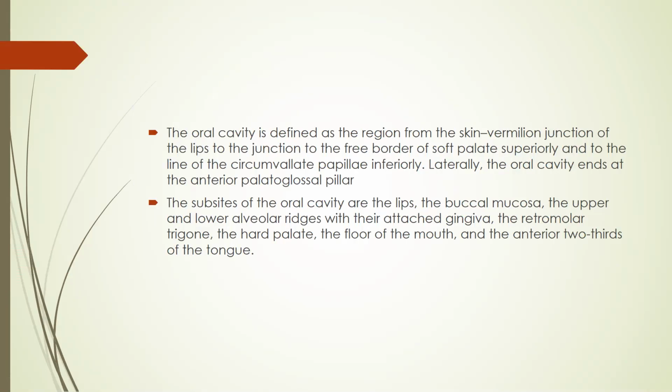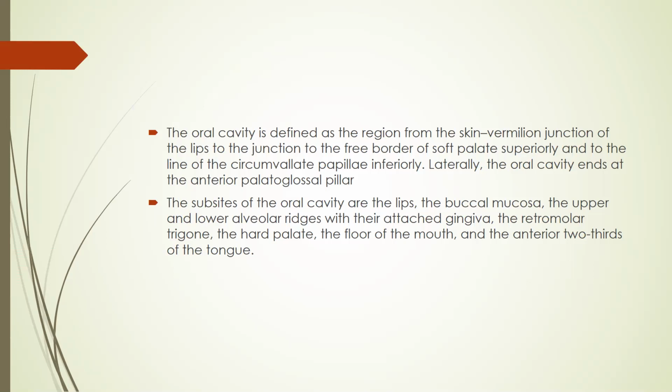For the oral cavity, you must know from your anatomy what the boundaries and the contents are. The oral cavity is defined as a region that starts from the skin-mucosal junction of the lips and goes back posteriorly up to the free border of the soft palate.